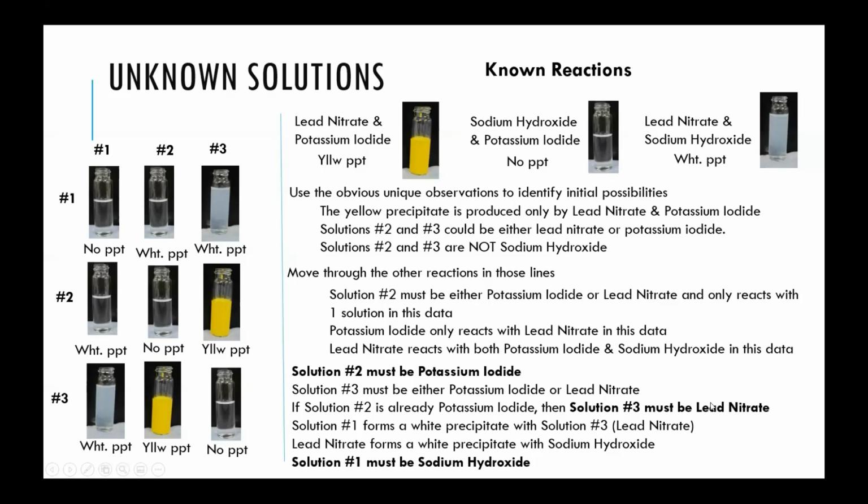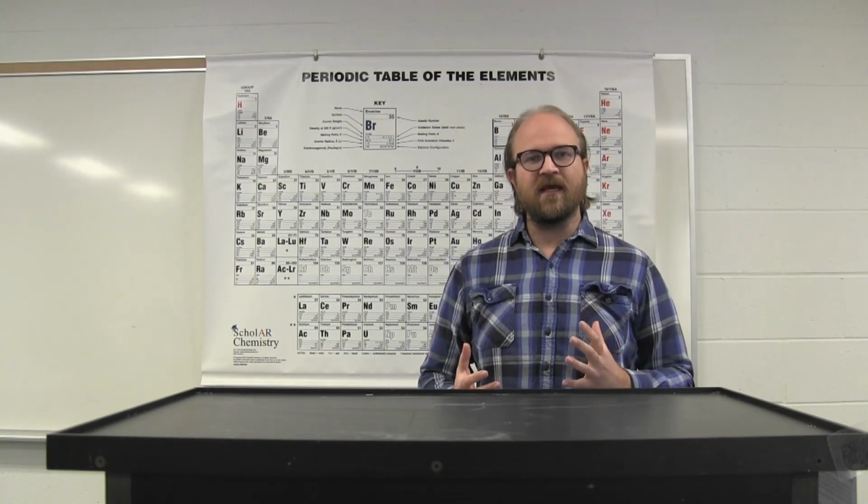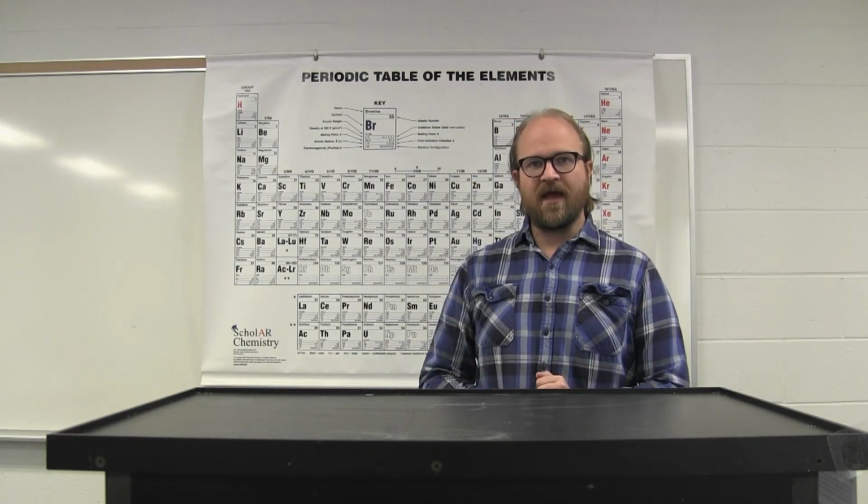You're going to be repeating this on the larger scale of 8 solutions as opposed to just 3 to figure out what are the identities of those 8 different solutions. So the bulk of this experiment, again, is focusing on balancing reactions.